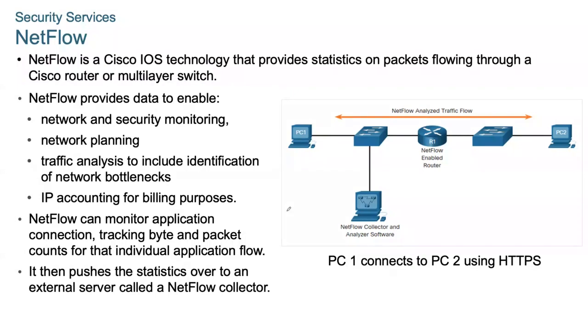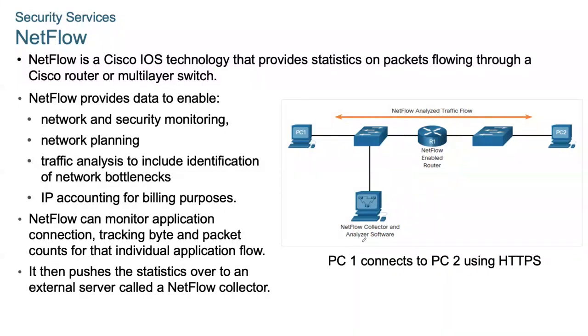In this case, if you are seeing this, PC1 connects to PC2 using applications such as HTTPS. So that gives the traffic analysis identification. How does it work here? In this connection, NetFlow will be enabled at the edge router, and to analyze the NetFlow or the traffic flow from PC1 to PC2, a specialized device will be configured inside the network.